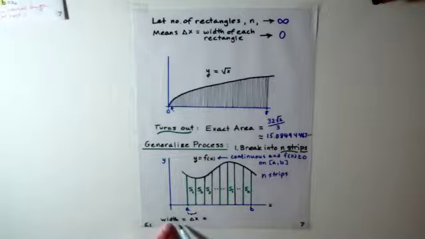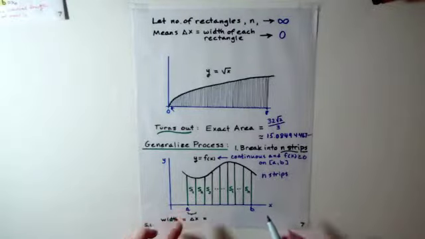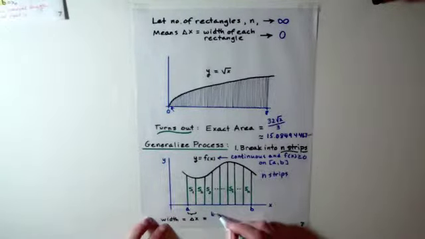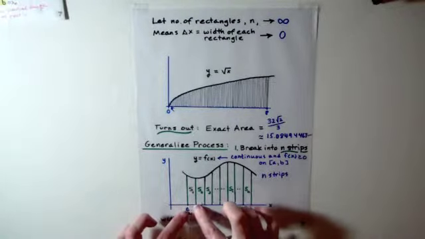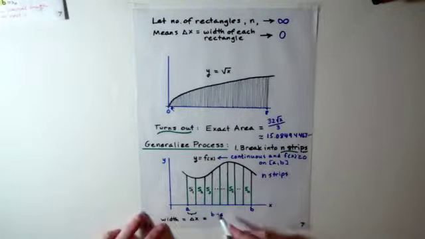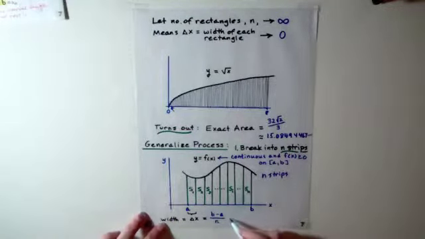And if I want the width of each of these strips, remember we said to find the width, we just take the length of the entire interval, which would be b minus a. This endpoint minus this endpoint would be the length of the entire interval, and we divide by how many strips we've got. We're breaking it into n strips, so I divide it by n, and that will give me the equal width of each of these strips.